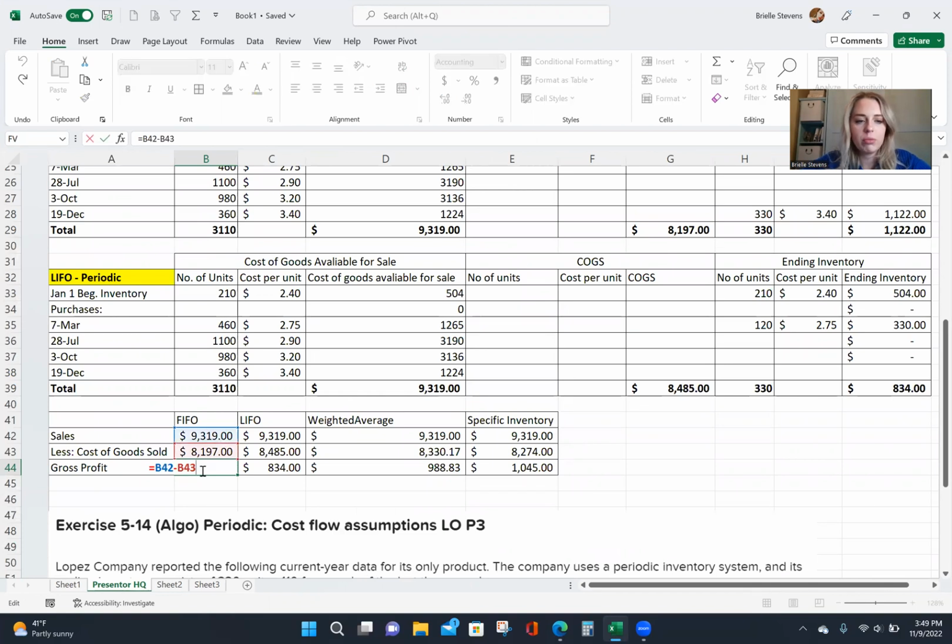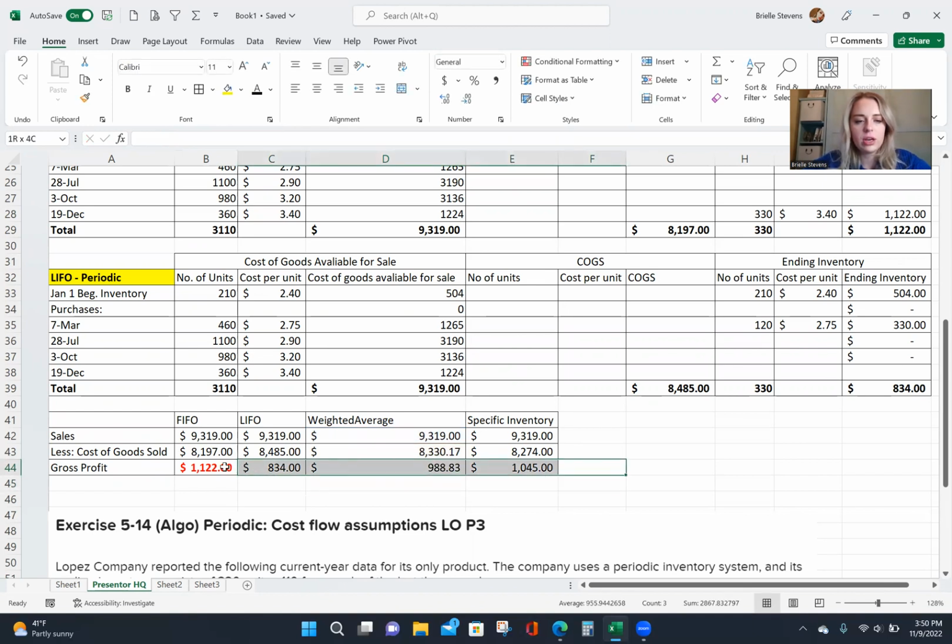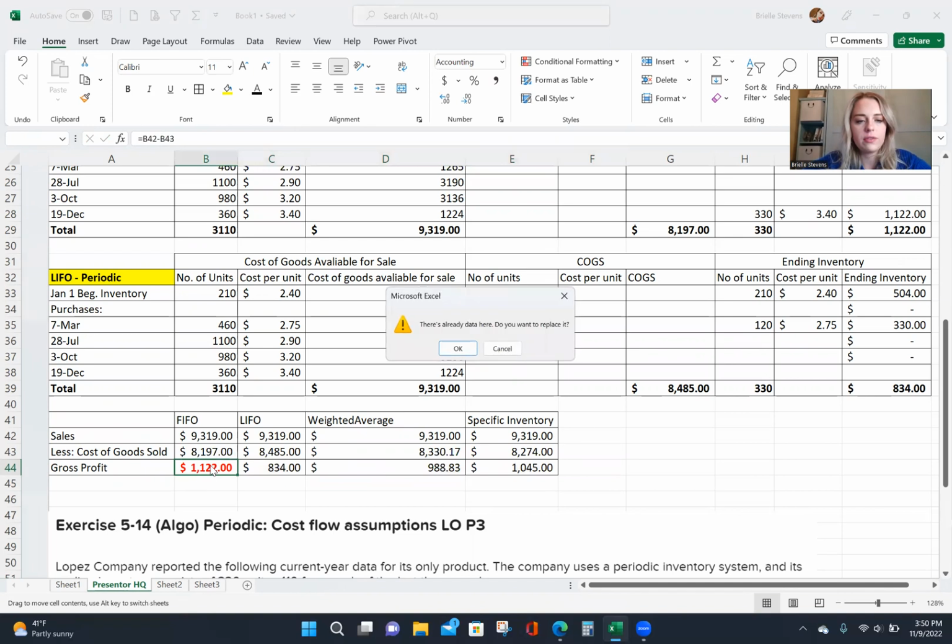Then it's just really simple math. You take the sales and subtract cost of goods sold to get gross profit, 1,122, 834. It's the same formula for each one: sales minus cost of goods sold. Then you look to see which figure is the highest. In this case, it was FIFO.